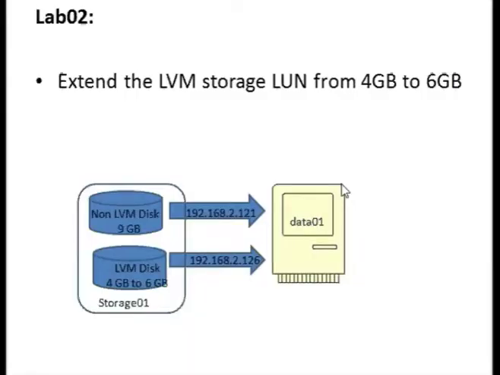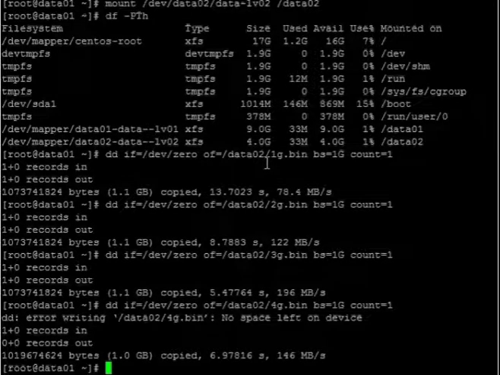Let's move to our next practical. This is lab 2. In this lab we are going to extend the LVM storage LUN from 4 GB to 6 GB. Before starting this practical, let me put some data in the data2 partition.